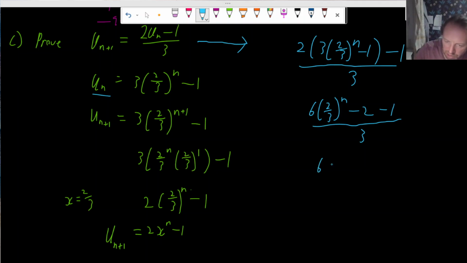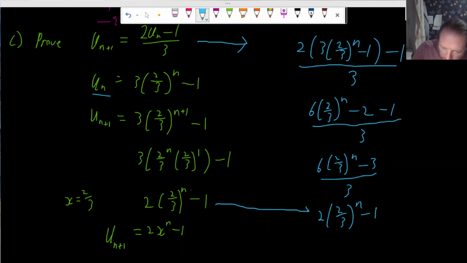So we've got 6 times (2/3)^n minus 3, all over 3, which of course is dividing by the 3: 2 times (2/3)^n minus 1. They are both equal to u_(n+1). Okay, finished, done, proved.